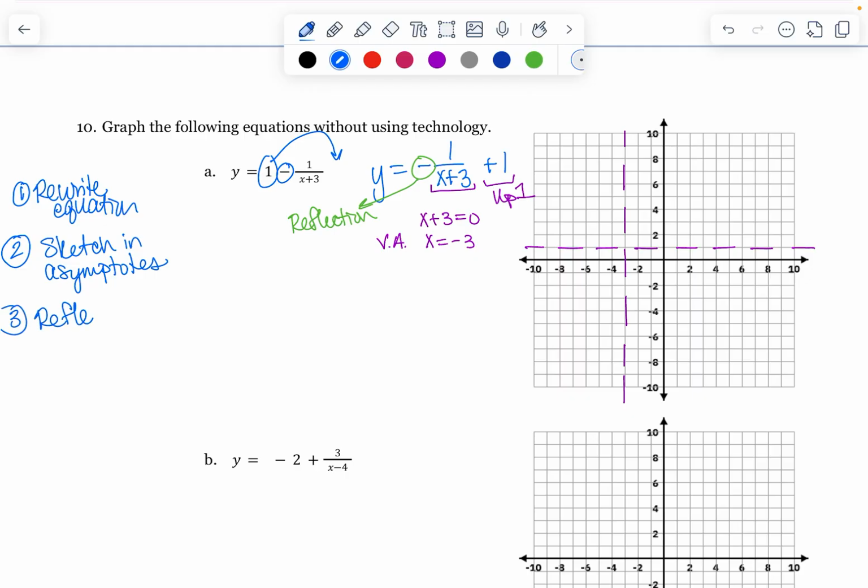Just kind of look and see, do you notice there's a negative? Is there a reflection? Then for the last step, we want to graph some points. So we can use our anchor points to graph, or we can utilize a table in our graphing calculator. But either way, we want to graph some points.